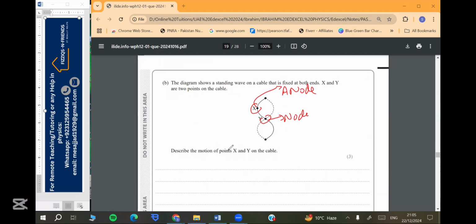Antinode means maximum displacement, and node shows minimum or zero displacement. Or you can write maximum oscillation, and here zero oscillation, or amplitude of oscillation is zero.